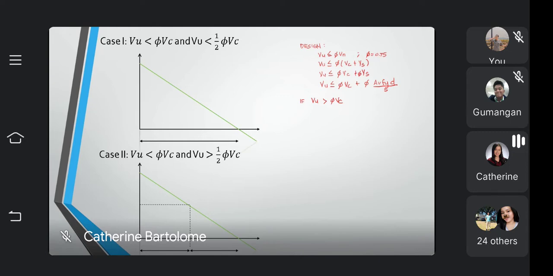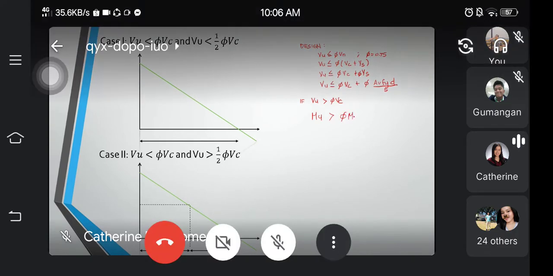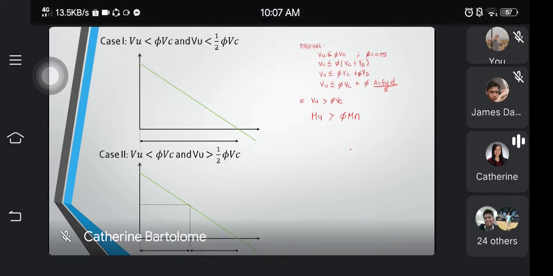So do you need stirrups or not? Hindi na, ma'am. Are you sure? Pag VU yan, greater than VN, is it safe or not? Safe ba yan? Hindi.